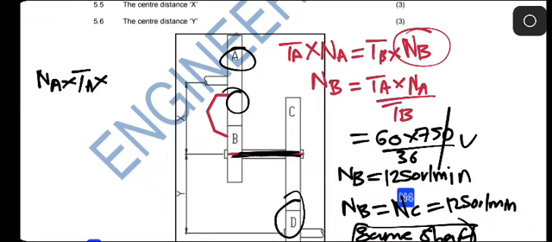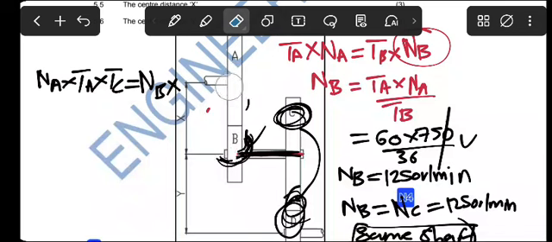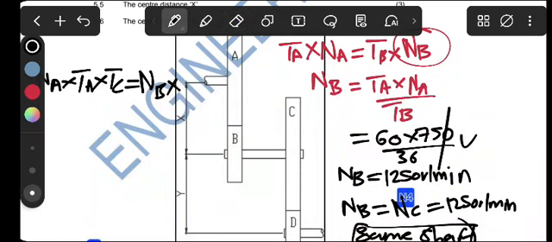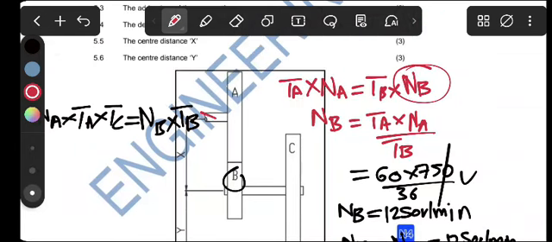B is driven by A. C is a driver, driving D, so this is multiplied by the teeth of C. Then this must equal the speed of the driven B multiplied by the teeth of B, and D is driven by C, so it's the speed of the driven multiplied by the teeth of D.